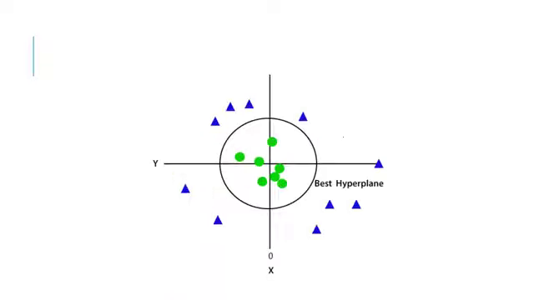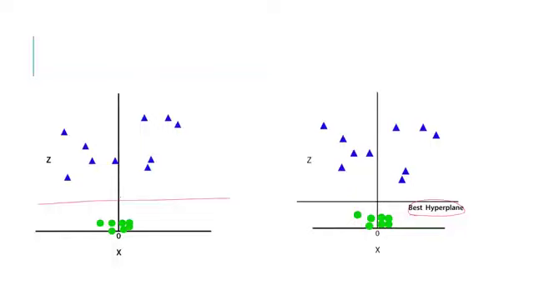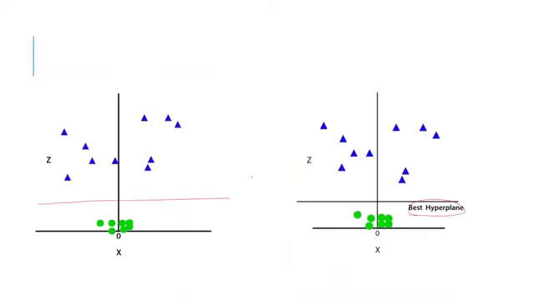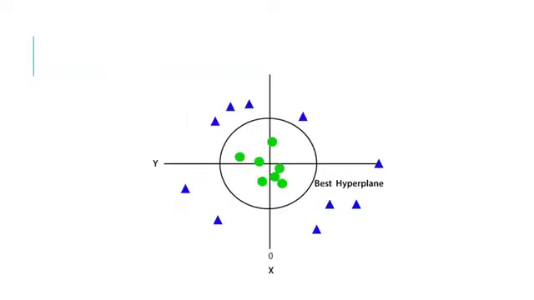Once the kernel is decided, the same hyperplane, which is a straight line between X and Z, if you plot it between X and Y, it will look like this. But to detect this hyperplane, the data has to be converted into a linearly separable form, and only then can you get this kind of hyperplane.